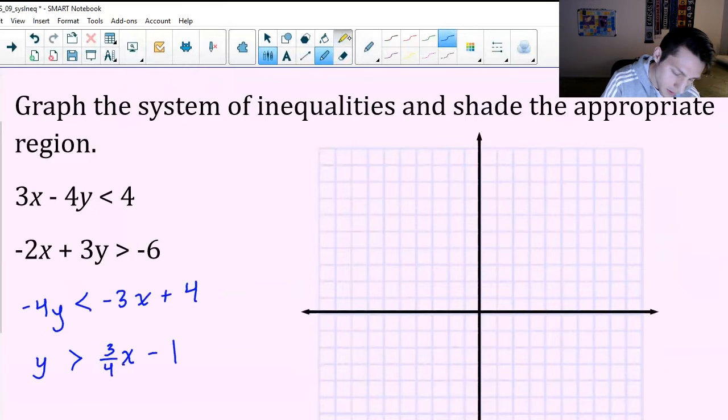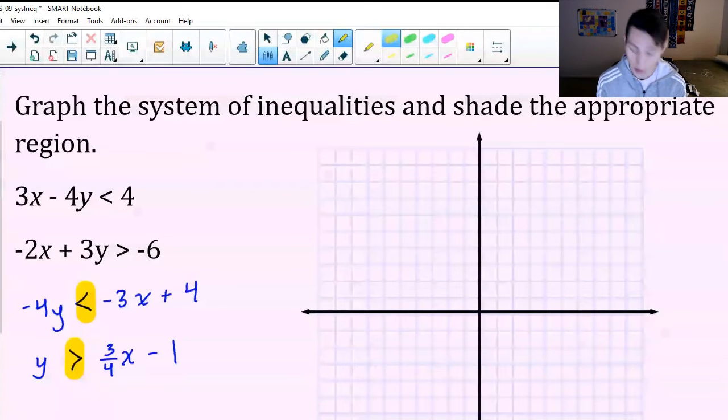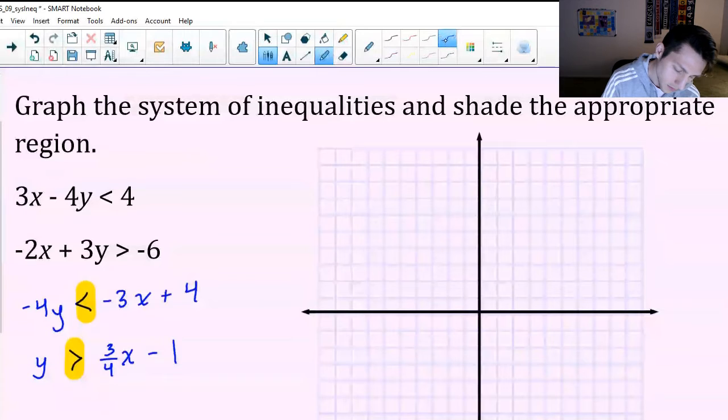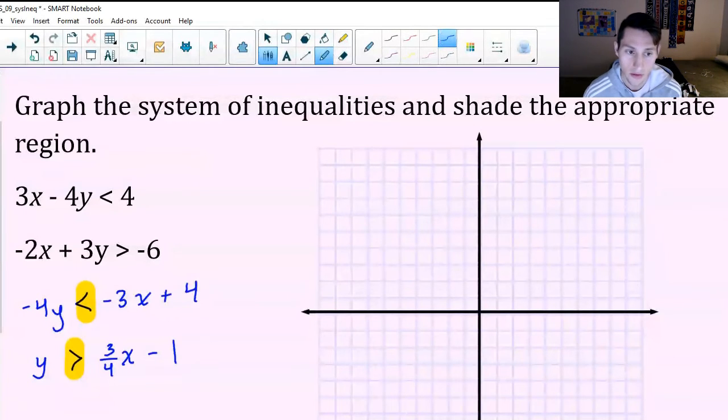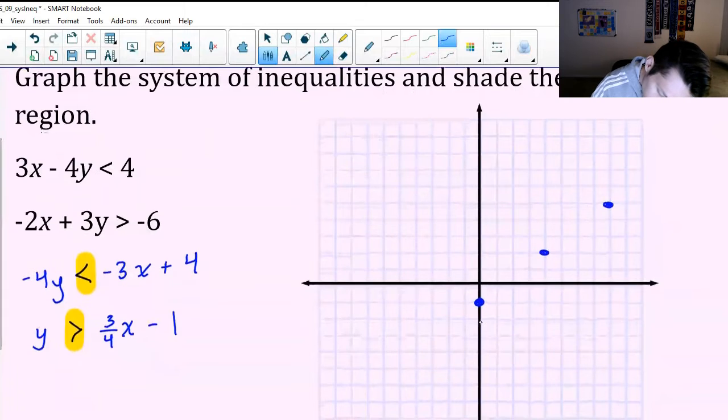And then remember, whenever we multiply or divide by a negative, we should switch our sign. We should change the direction of our inequality. So instead of less than, we have y greater than. Let me graph the line. Start with the y-intercept, -1, up 3, right 4, or down 3, left 4.